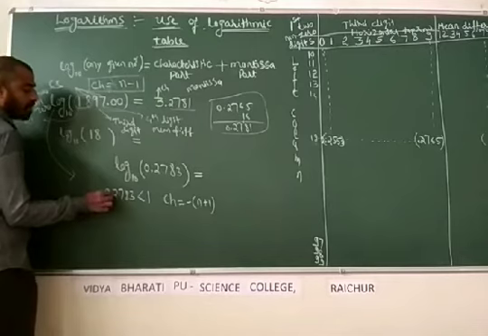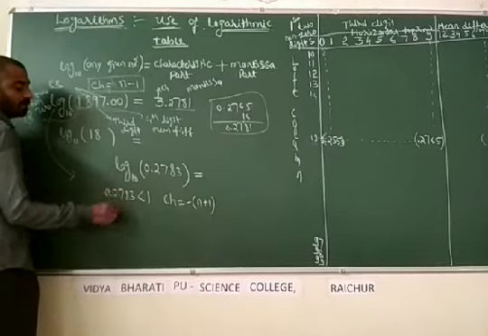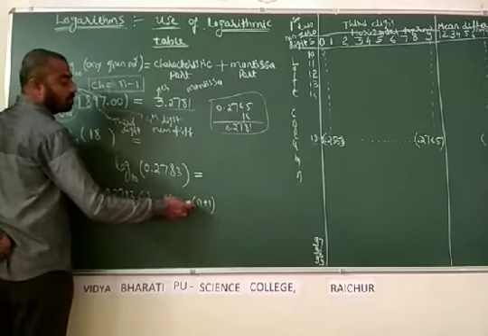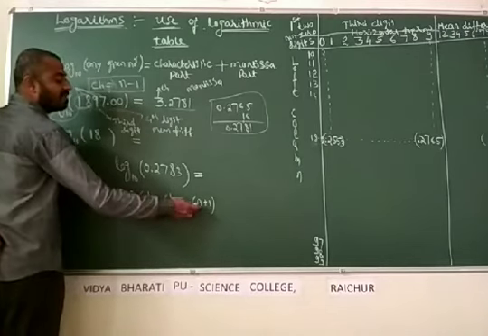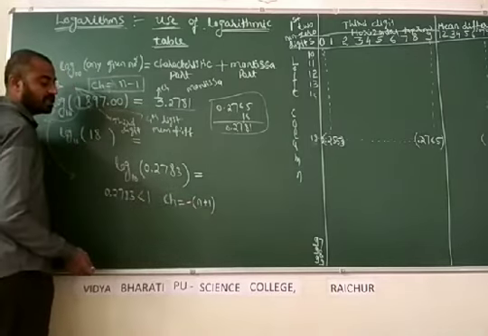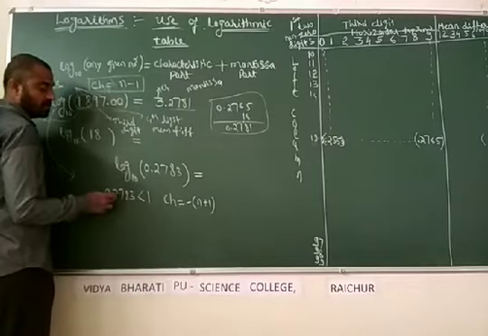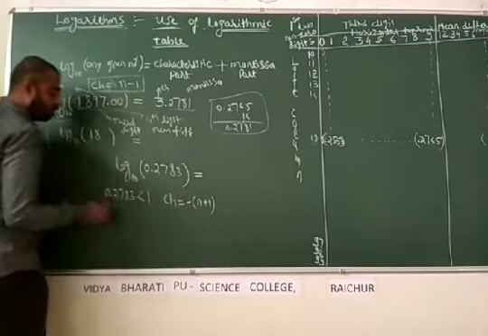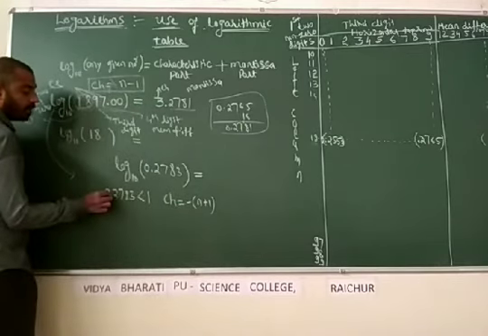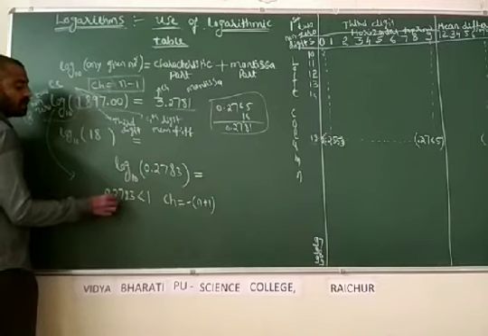Here I am supposed to find the characteristic of 0.2783 by following this rule, minus of n plus 1. n is the number of zeros after this decimal point and before the non-zero digit.